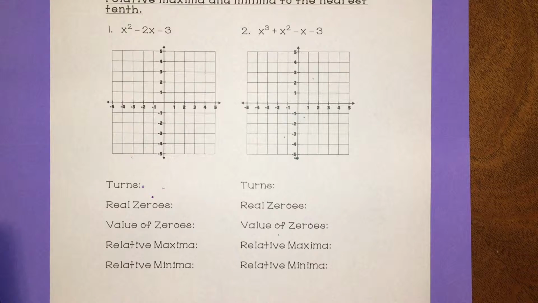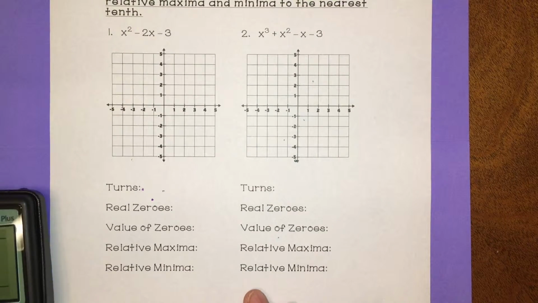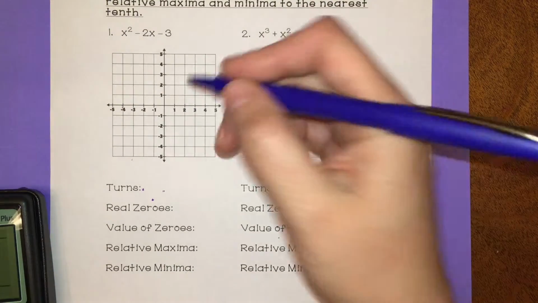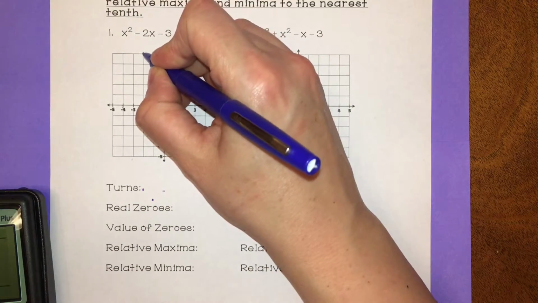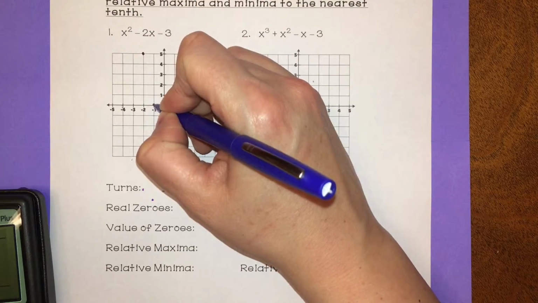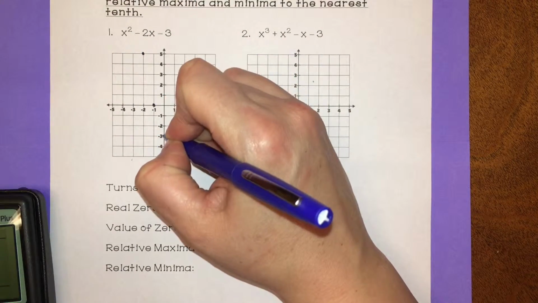Okay, when I graph it, I know it is U-shaped. So we can look at the table, and hopefully you said when x is negative 2, y is 5. When x is negative 1, y is 0. We have 0, negative 3.